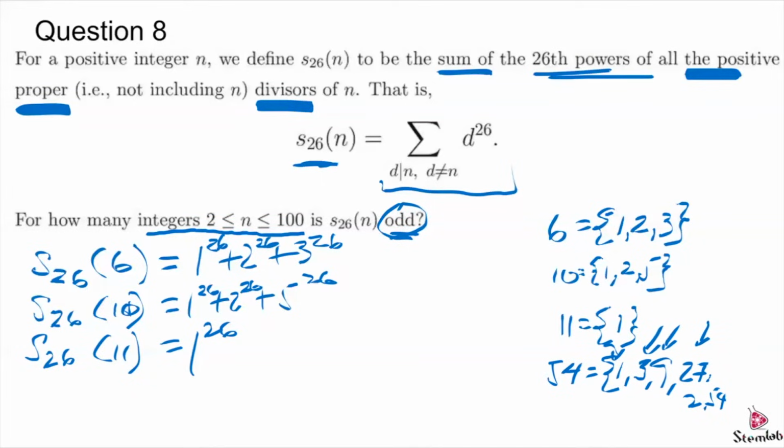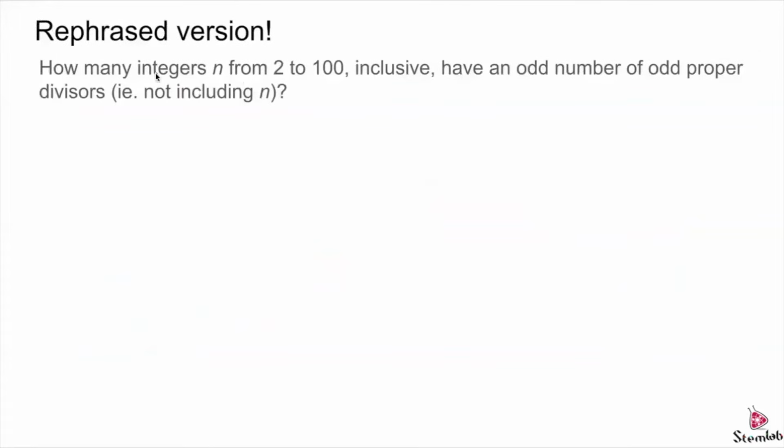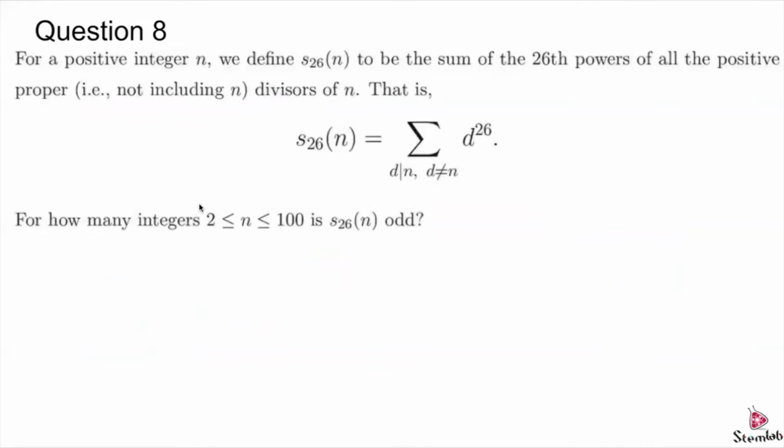We can even rephrase the question: how many integers n from 2 to 100 inclusive have an odd number of odd proper divisors? This question is the same as the original.